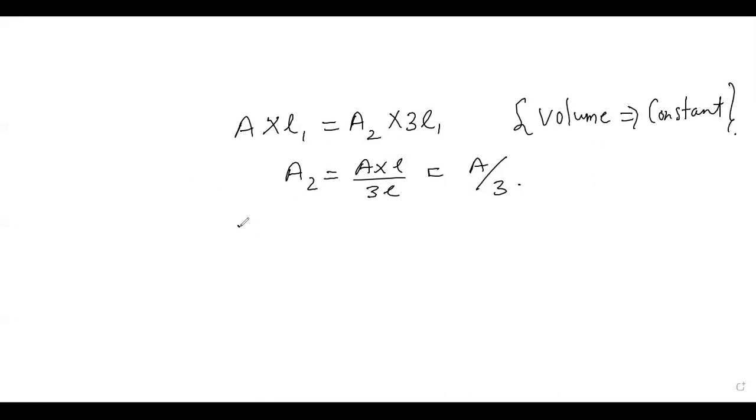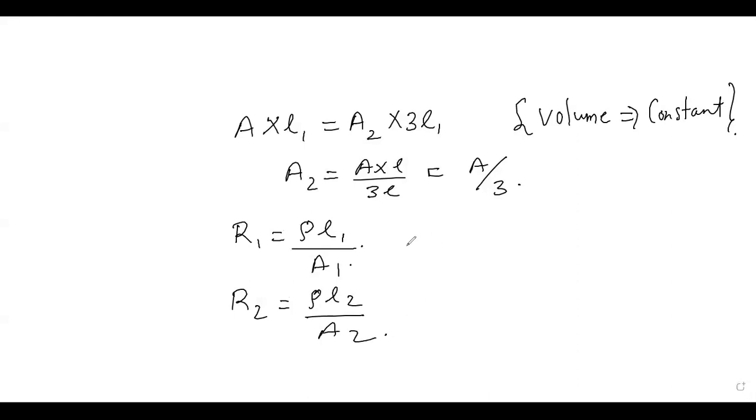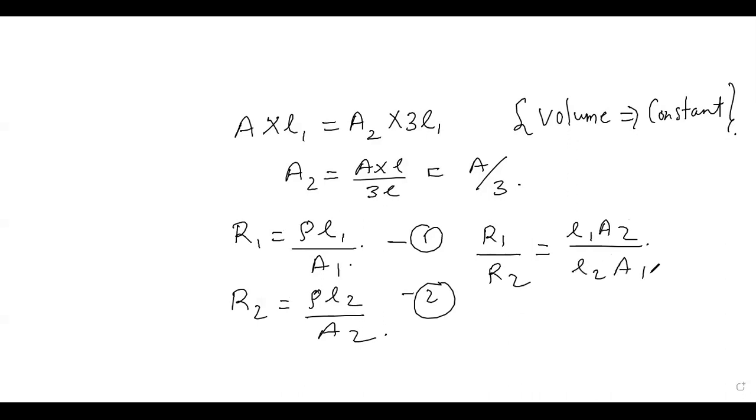Now R1 is nothing but rho L1 upon A1, and R2 is nothing but rho L2 by A2. When we divide these two equations, we have R1 by R2, rho cancels, so L1 A2 upon L2 A1.